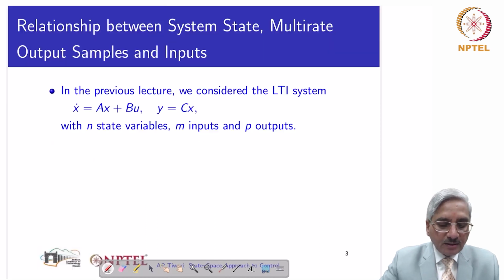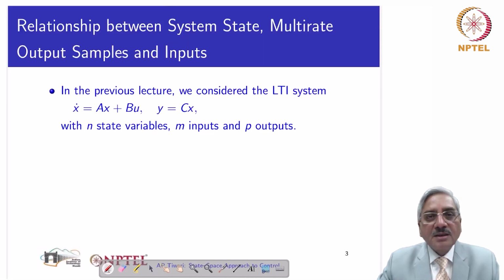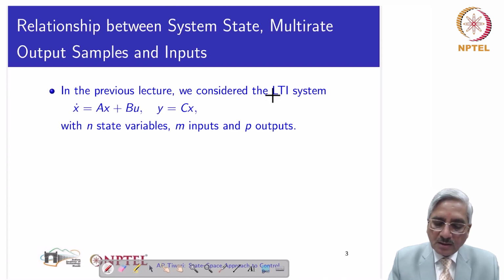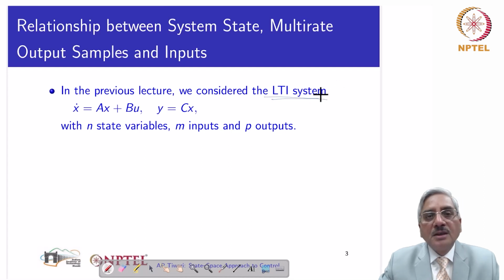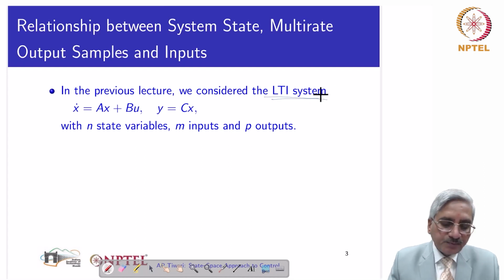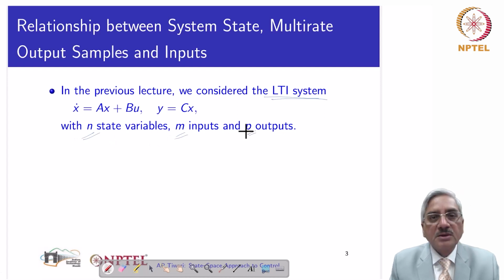So we proceed ahead, and in the next few slides we will have a recap of important points from the previous lecture. We considered a continuous linear time invariant system of order n with m inputs and p outputs.